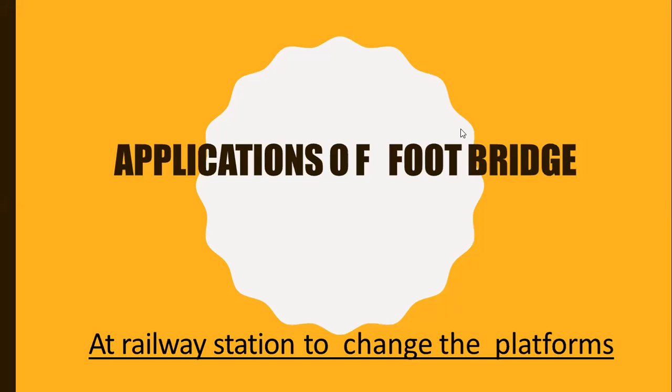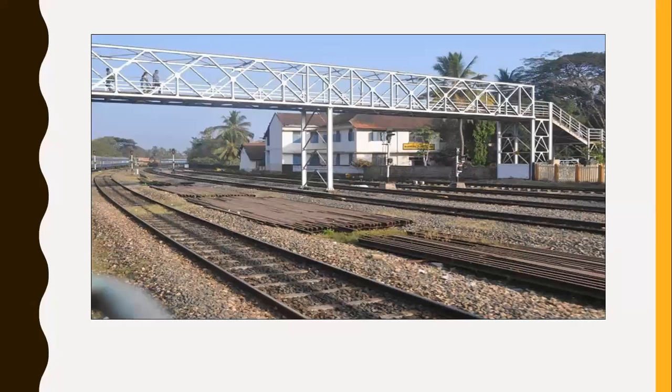Next, where are footbridges actually used in real life, right? First is at railway stations to change platforms, right? Now see this figure, these are the railway crossings, right?